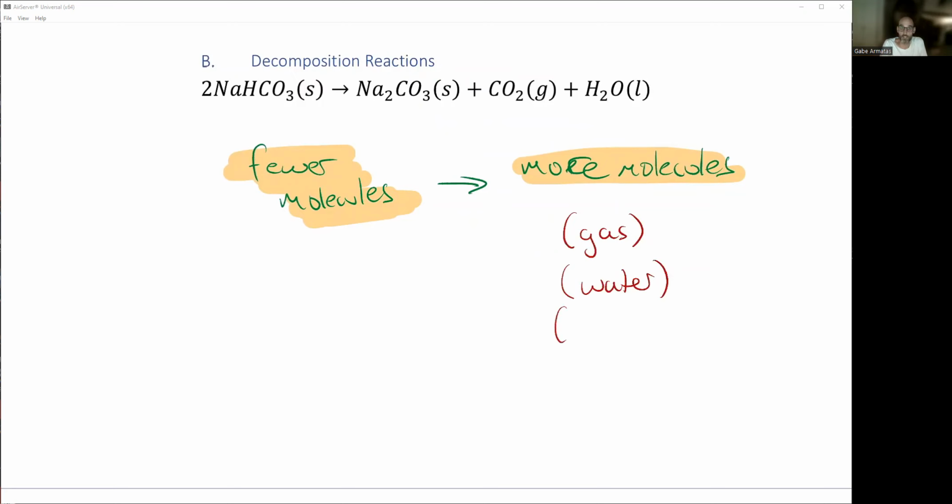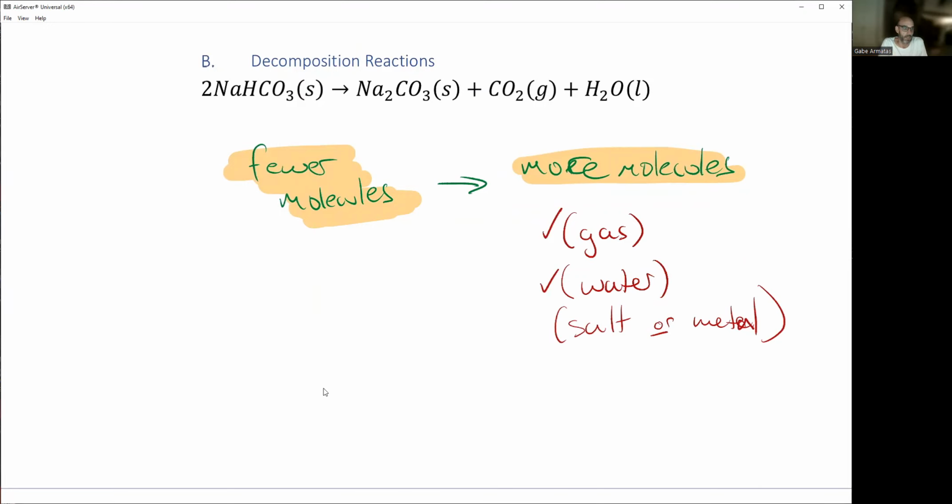Sometimes you see the formation of some kind of simple salt or a pure metal, something like that. So basically the ones that you really focus on, definitely gas, probably water. You see those things form.